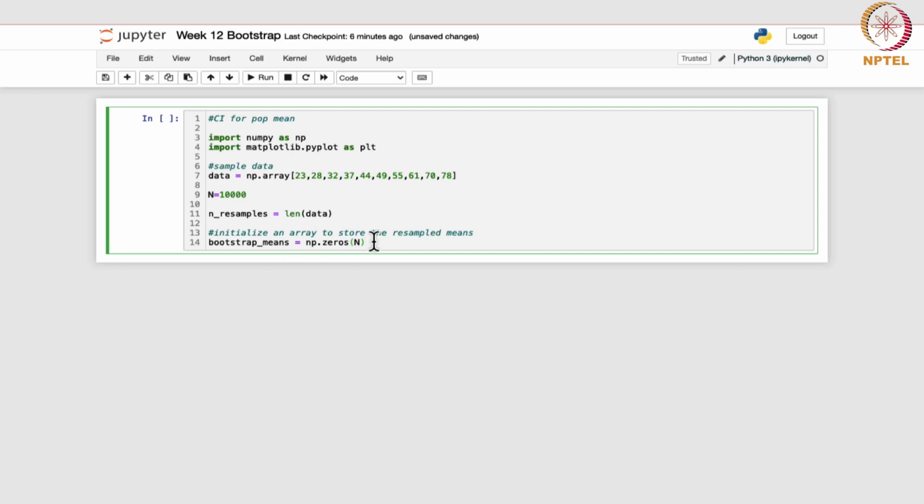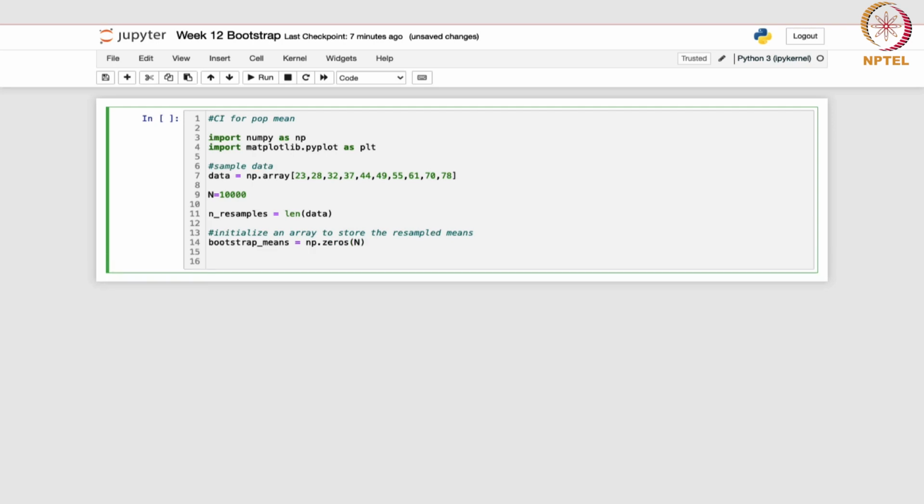This step initializes an array of zeros, and the length of that array will be 10,000. This will store the mean of each resampled data set. Initially we have an array of zeros only, and it will keep getting updated every time a bootstrap sample is taken.